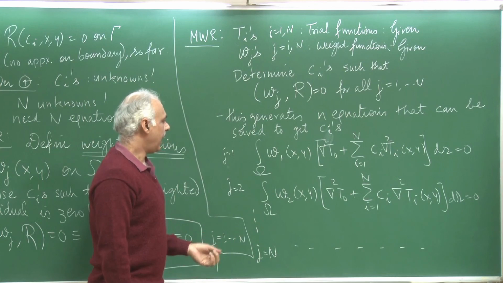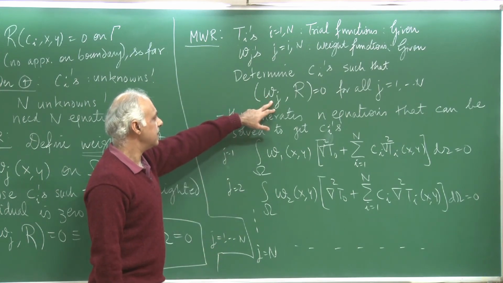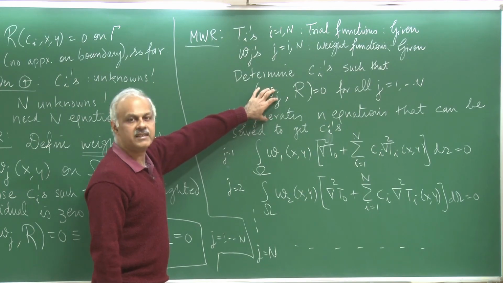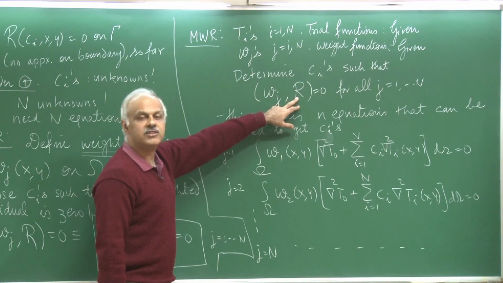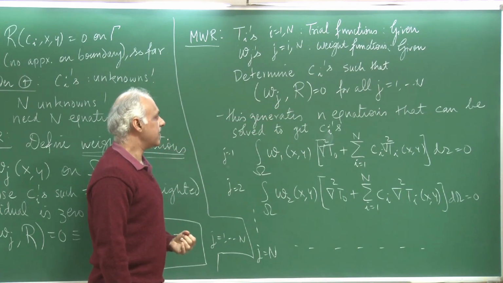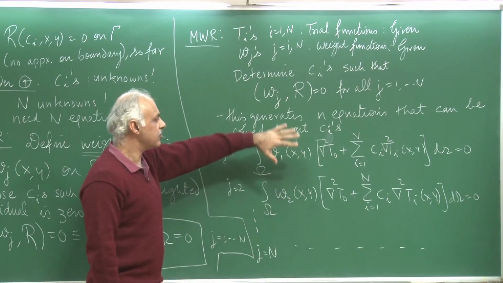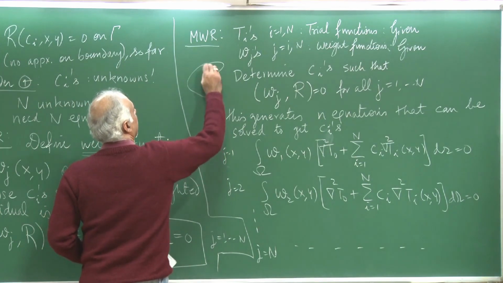Okay? And I hope you are now able to see that all this method is doing is that you choose the weight, and the weighted residual is 0. So essentially what you are doing is you are saying let me define the residual function over the domain. So this is my domain omega.